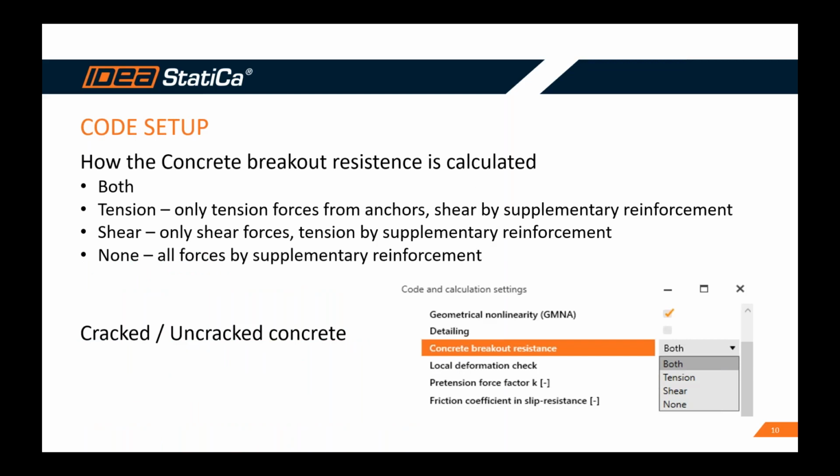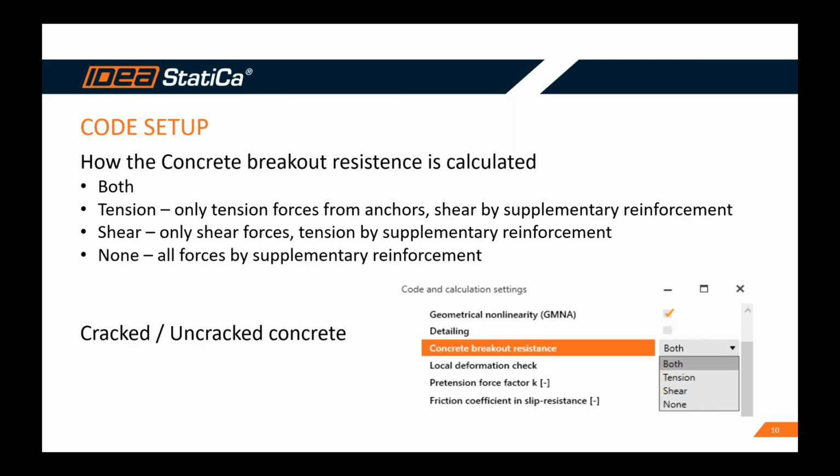What you can set up in our software. You can select if you count with cracked or uncracked concrete, and also you can select how to compute the concrete breakout resistance. You can use all forces, or you can only select the tension.